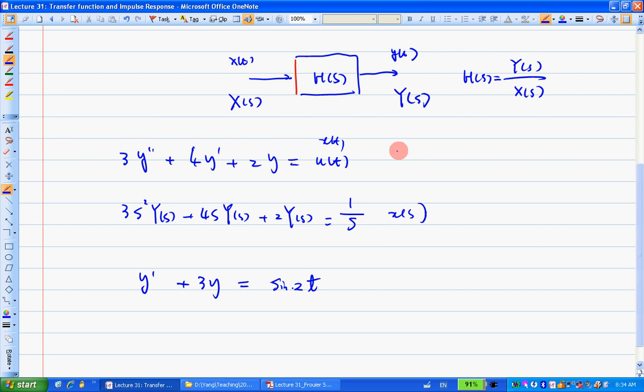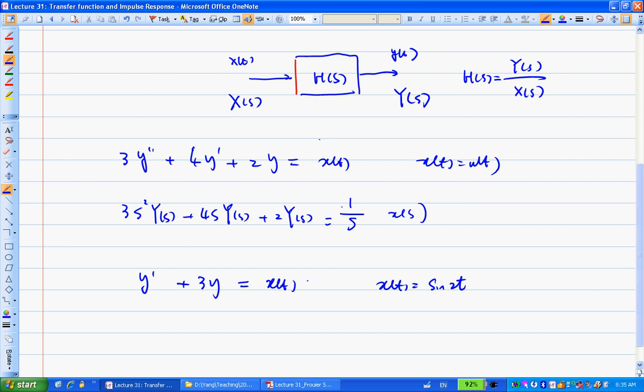So the question should tell you exactly, maybe the question is, here's my system and x of t equal to u of t, and here's another system and x of t equal to sine 2t. And what will be the Laplace transform? Then when you take the Laplace transform of both sides of this equation, if you are required to look for the transfer function, you don't have to plug this u of t in here.